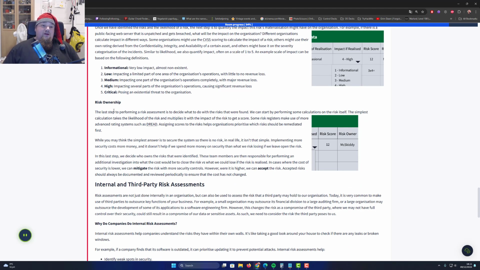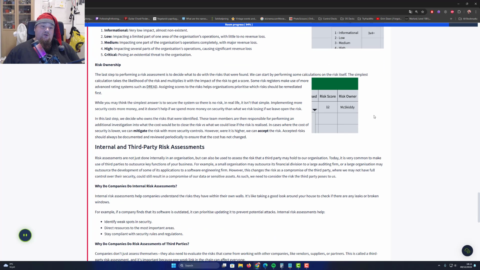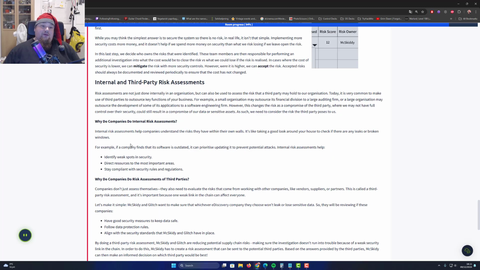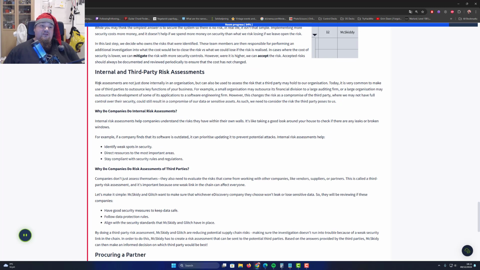The ownership is the guy creating the risk. So the internal and third-party risk assessment is not just done internally, but can also be used to assess the risks that a third party may hold to our organization. Today, it's a very common thing to make use of third parties to outsource key functions to a business, which is of course very true.